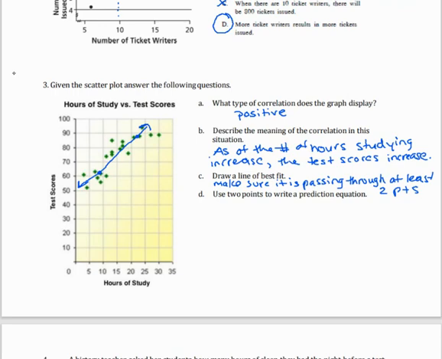So what we need to do is pick out those 2 points. So this point here was about maybe 9, 62. And this point over here was about 23, 88.